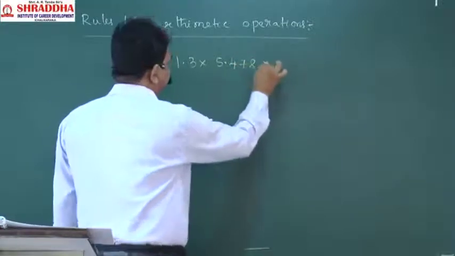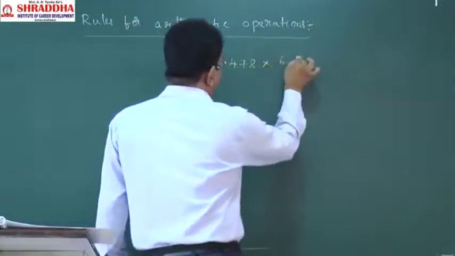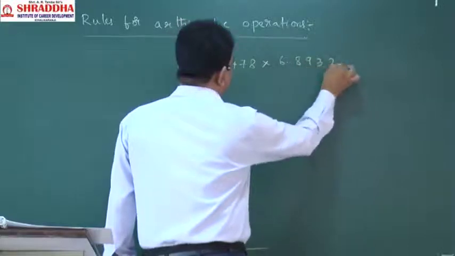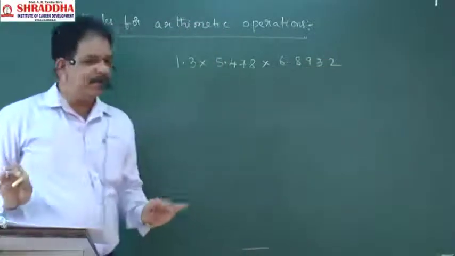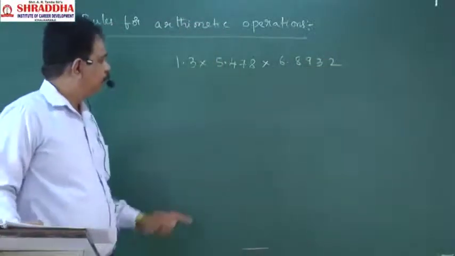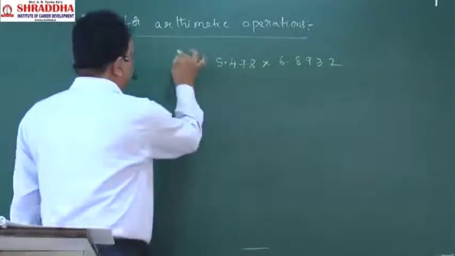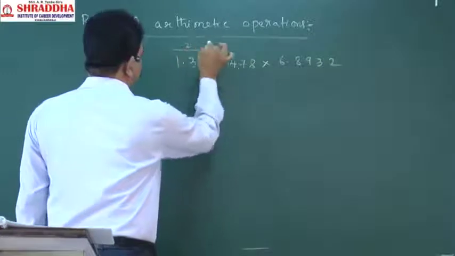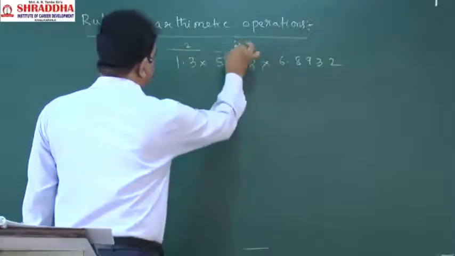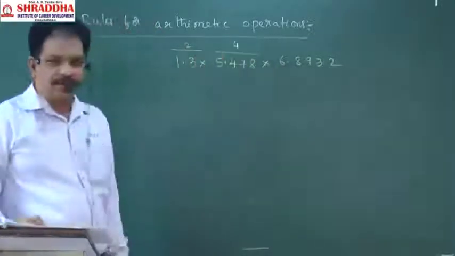So take 1.3, 5.478, and 6.8932. How many significant figures does each have in total? This one has 2. This has 4.